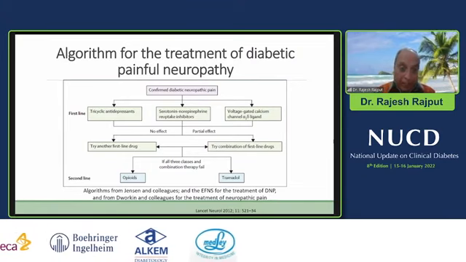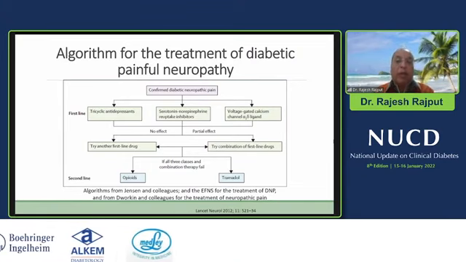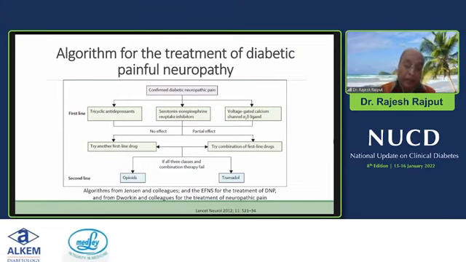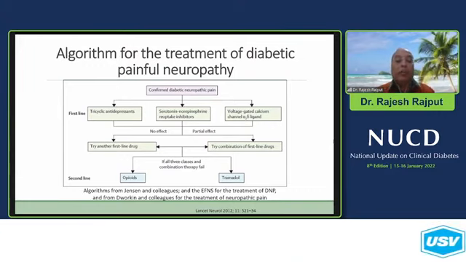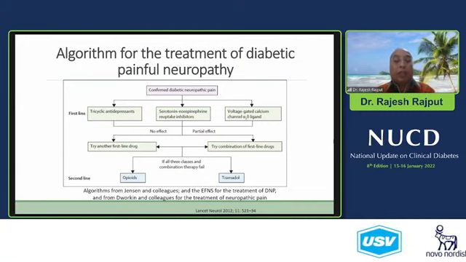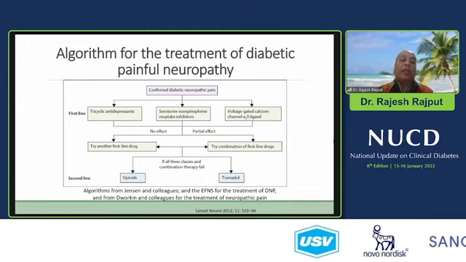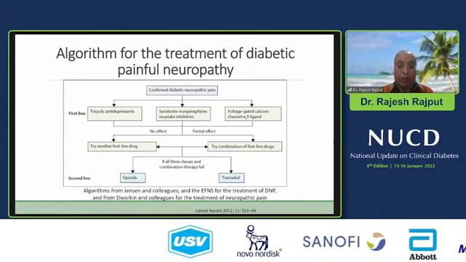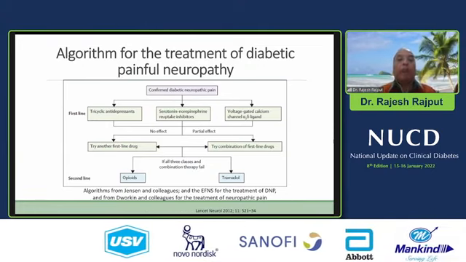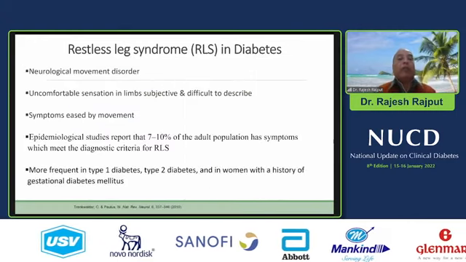Out of these three drugs, I have told you how to choose one of them. If there is no effect, try another first line, or if there is a partial effect, try a combination of drugs. If all three classes and combination therapy fail, then we can take help of opioids and tramadol. So this should be the sequence of drugs which we should use in a patient with painful diabetic peripheral neuropathy.